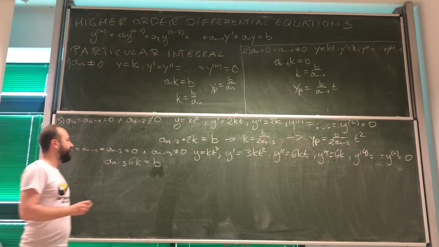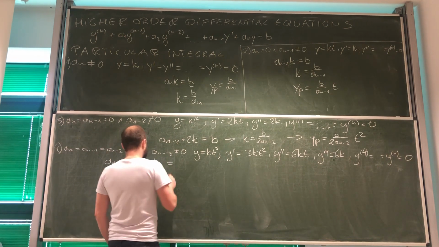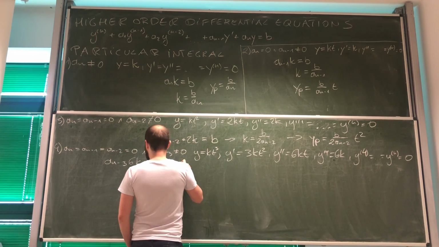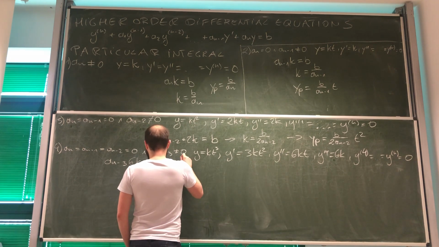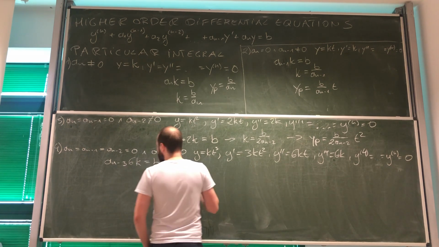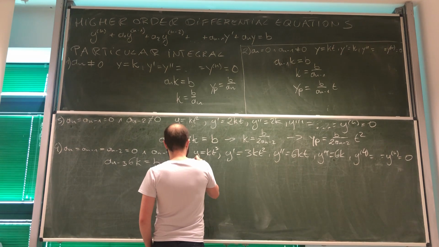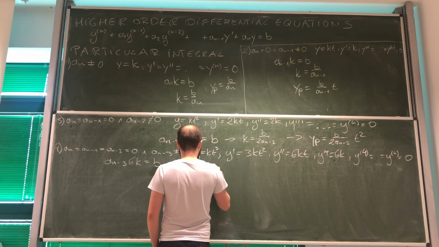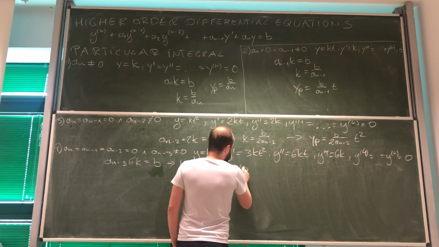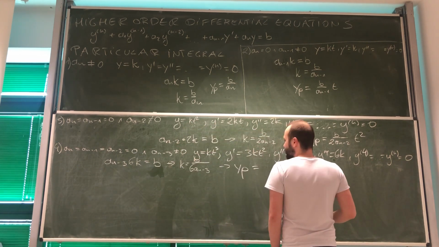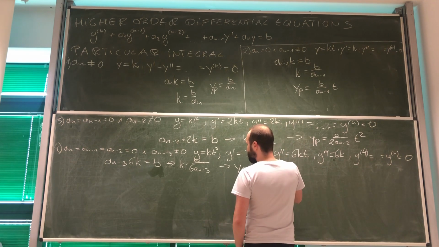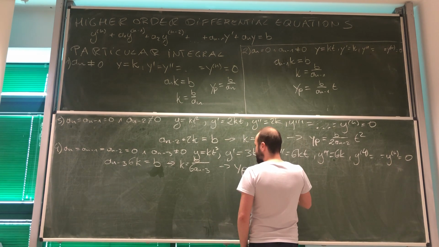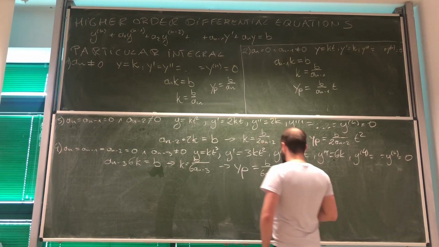Out of this, we can easily calculate that k is equal to b over 6a_(n-3), and this means that the particular integral is equal to b over 6a_(n-3) times t cubed.